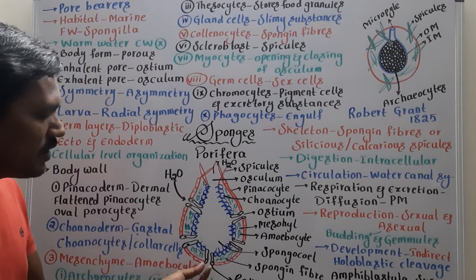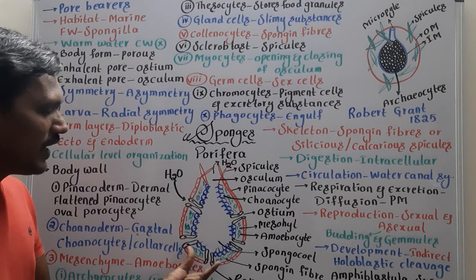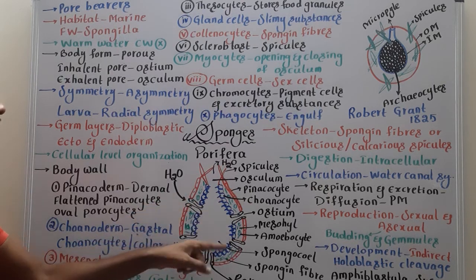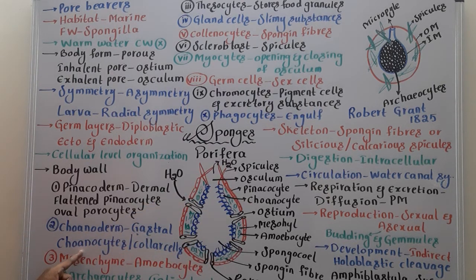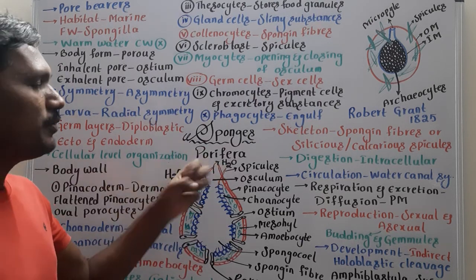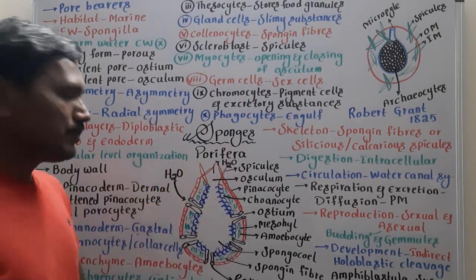Porocytes help in the opening and closing of the ostium. Then choanoderm, the blue color layer. The cells present in the choanoderm are called collar cells, or choanocytes. Choanocytes help in the trapping of different types of food material or the prey.